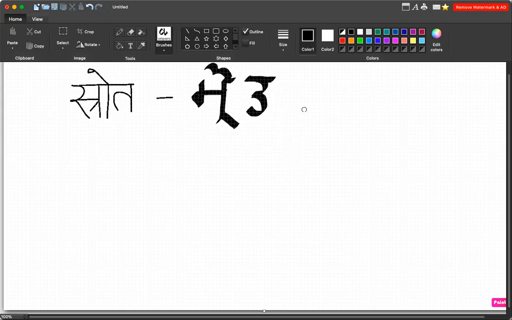So these are the words that we've done with letter R for now. We'll move on to another.